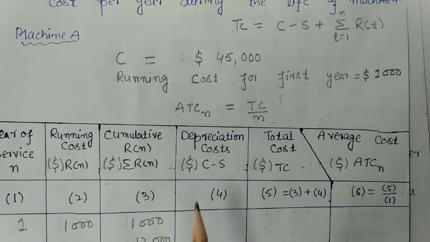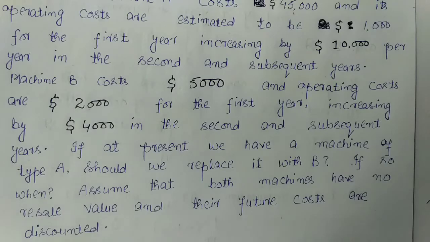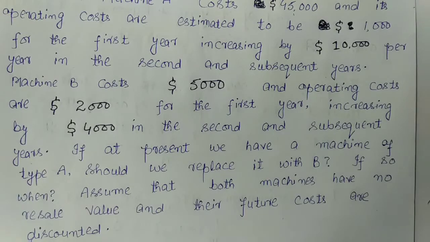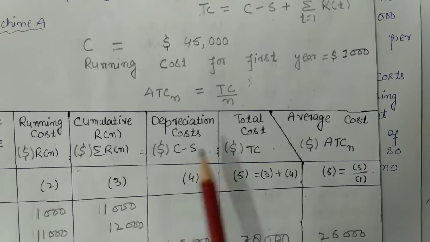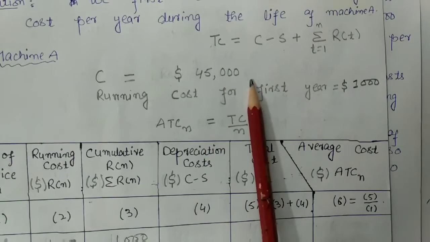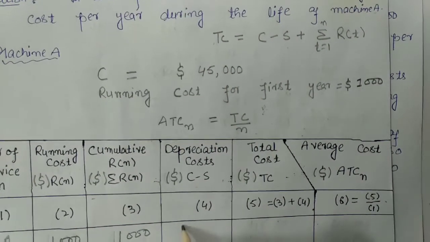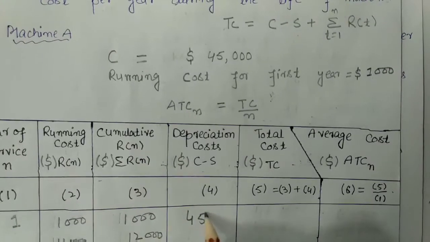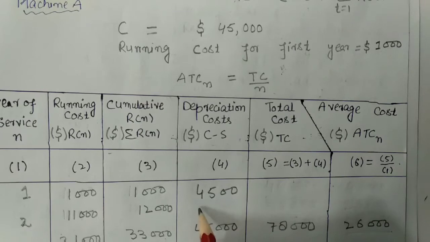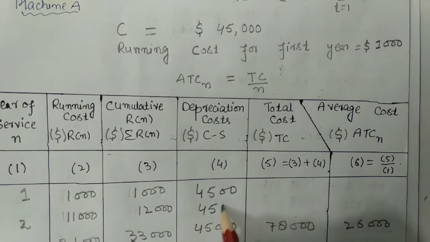Now in this problem it is given that both machines have no resale value, so S will become 0. So C minus S, that is cost minus 0, that is 45,000 minus 0, so it will become 45,000. Again 45,000 minus 0, it will again become 45,000, and so on.